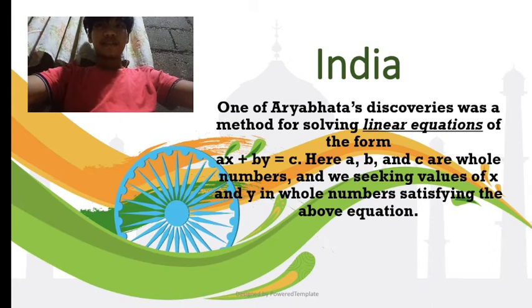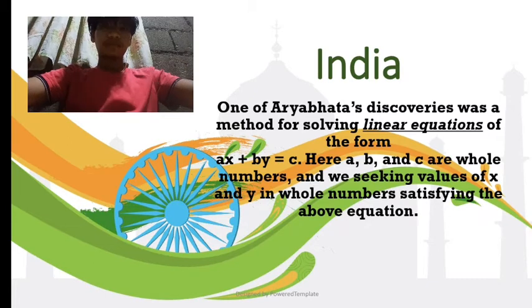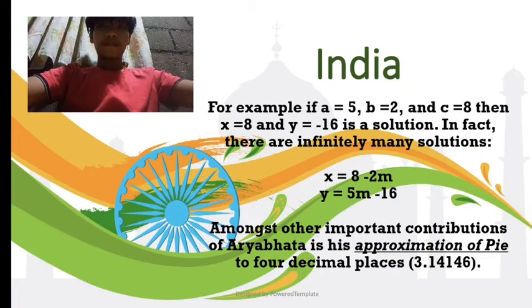One of Aryabhata's discoveries was a method for solving linear equations of the form ax plus by equals c. Here a, b, and c were whole numbers, and we are seeking values for x and y in whole numbers satisfying the equation. For example, if a is 5, b is equal to 2, and c is equal to 8, then x is equal to 8 and y is equal to negative 16 is a solution.